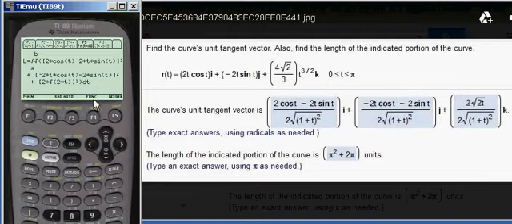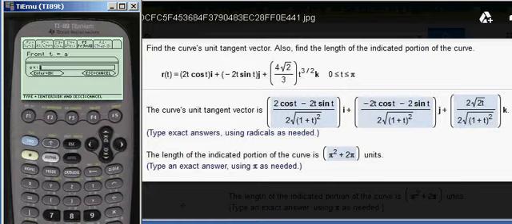Now we're going to find the magnitude. We have to square all this stuff, and here we have the integral over a and b, that range, and we're going to put in the range. So I haven't programmed that, so we're going to go alpha 0 for the value of t, and the upper range is alpha second pi.